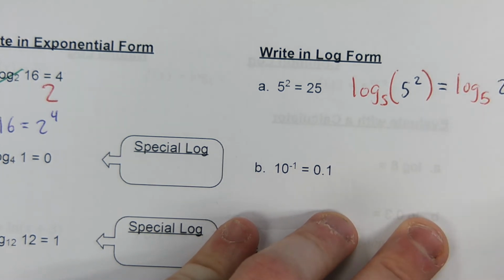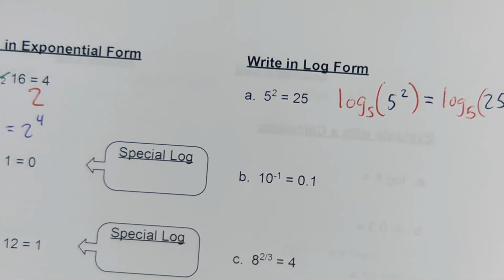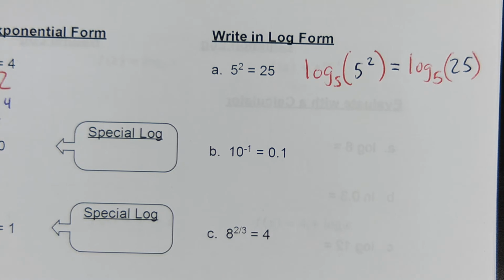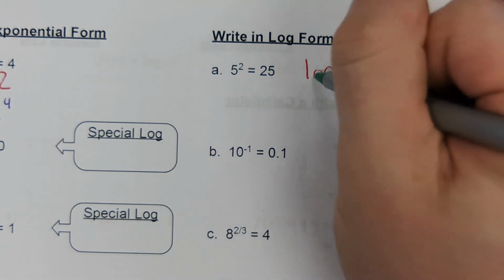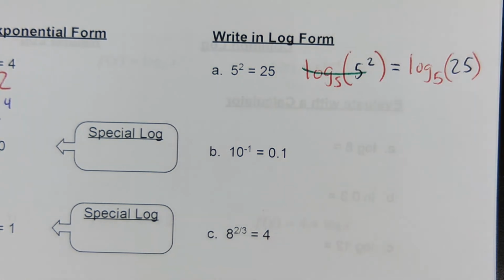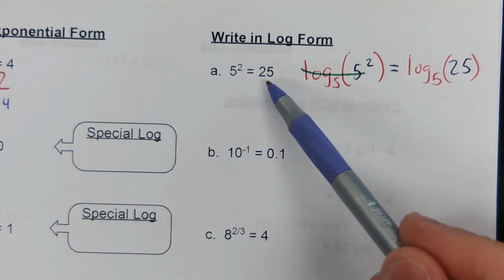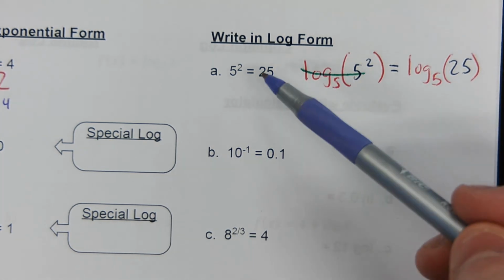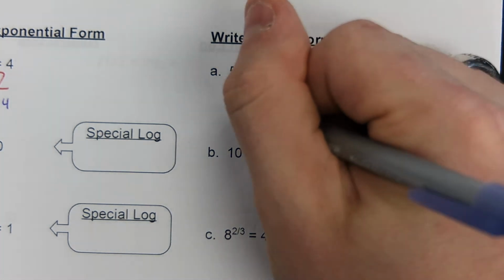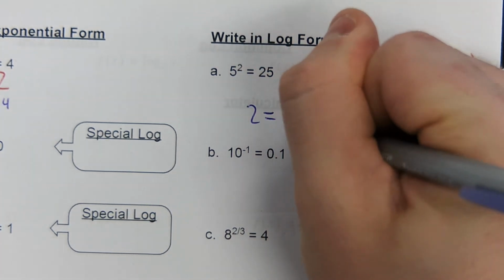And log base 5 is an operation that would be performed on two sides of an equation. On the left side, log base 5 will cancel exponential base 5. And you're left with the 100% exact same statement, but instead of exponential form, it is written in logarithmic form.